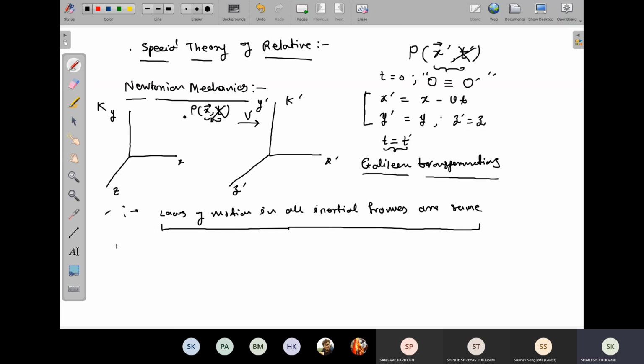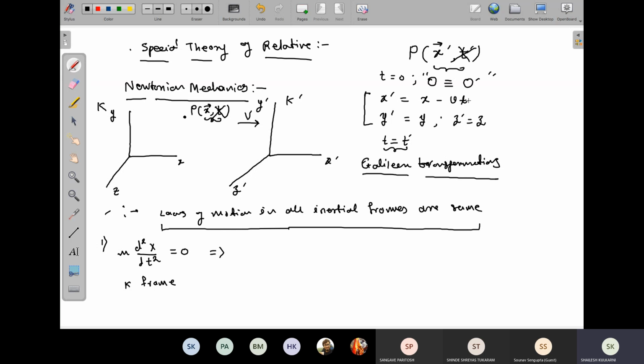For example, consider a free particle. What is the free particle equation of motion? The force is 0, so m d2x by dt square is 0. I'm just considering the x-axis; y and z will be trivial. This is in the K frame. Suppose I want to transform to the K prime frame.